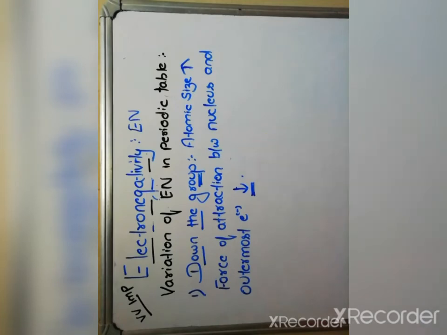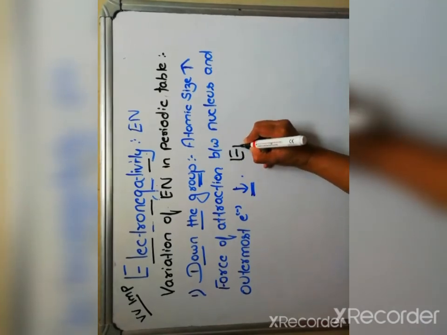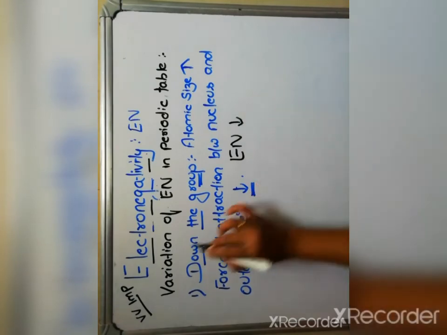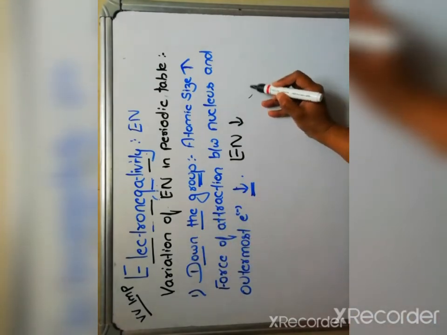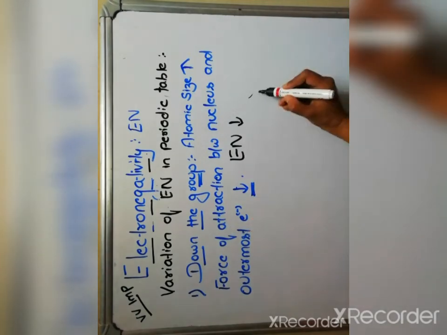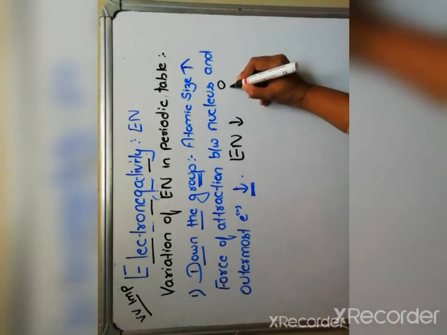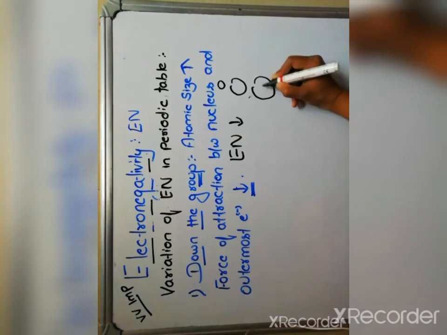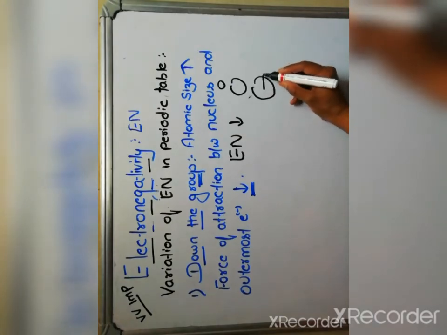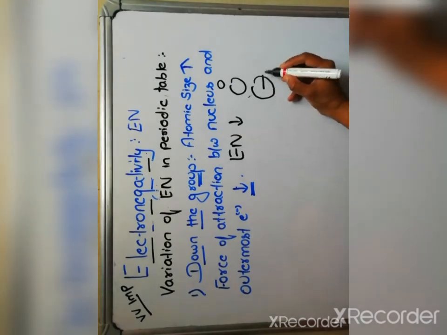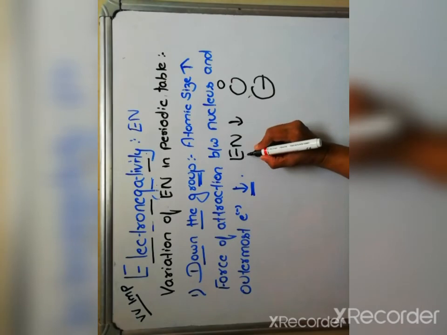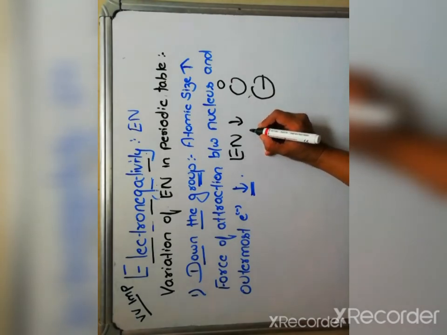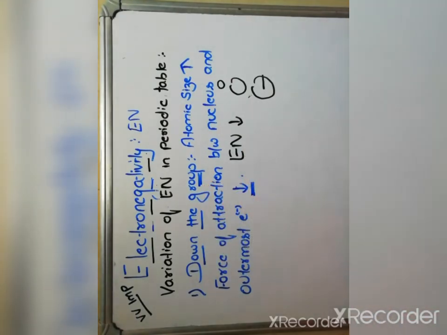Therefore we can say that electronegativity decreases down the group.